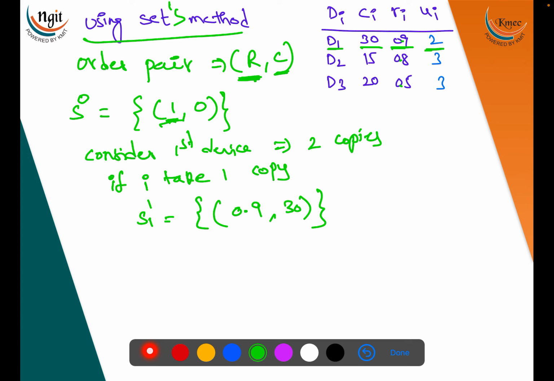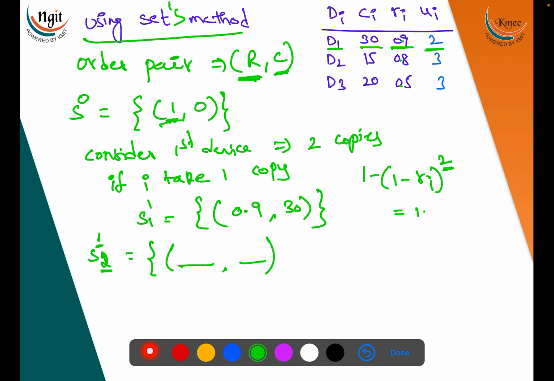Now include the second copy. S1 second copy, that means I should know the reliability factor and the cost. The reliability I calculate with the formula: 1 minus (1 minus R) whole square. This 2 represents that you are going to take 2 copies.